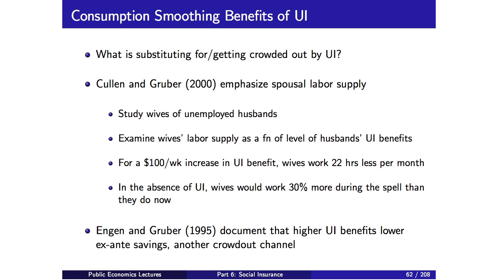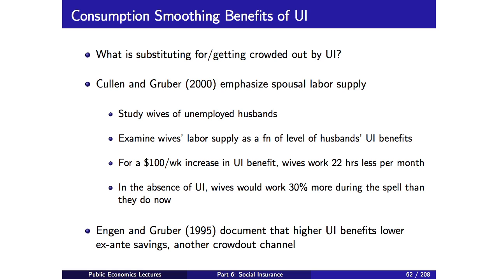And there are various channels that he's thought about. One I'll talk about here is spousal labor supply as a potential insurance mechanism. So in this paper with Julie Cullen, they study the behavior of wives of unemployed husbands, and they examine wives' labor supply as a function of the level of the husband's UI benefits.